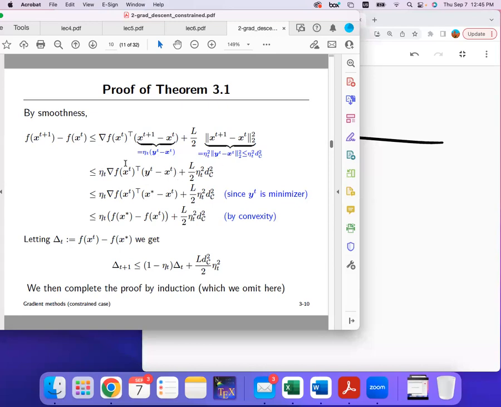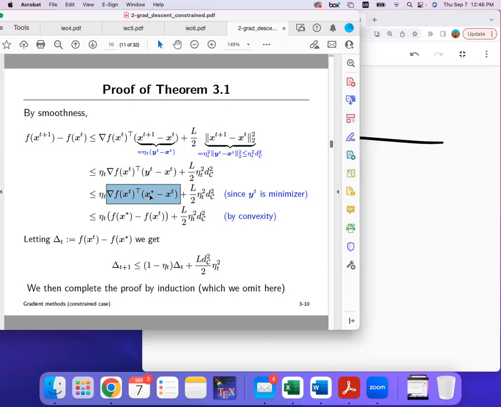Okay. Now what happens next is that I look at this inner product term. I claim that this dot product, this inner product, can be upper bounded by replacing yt to be x star.